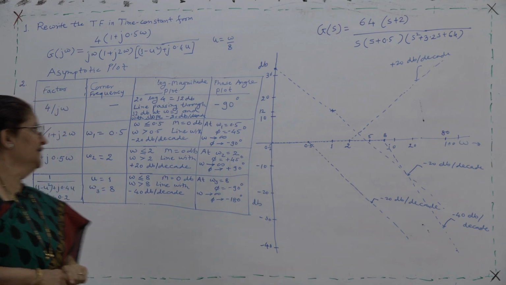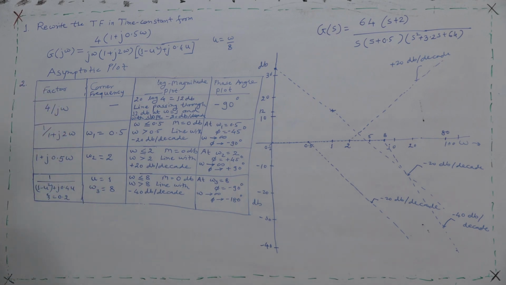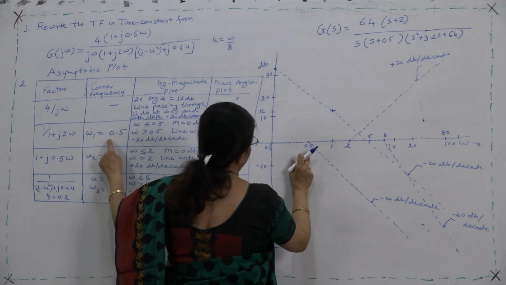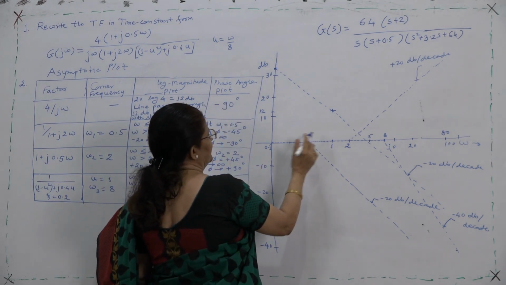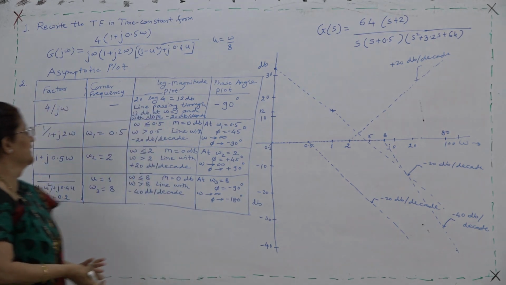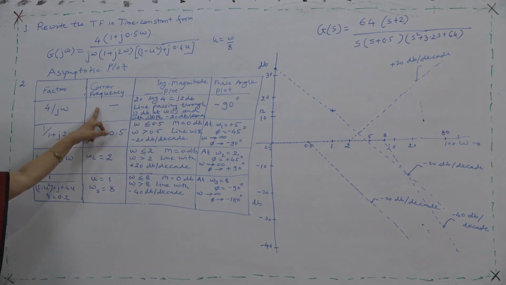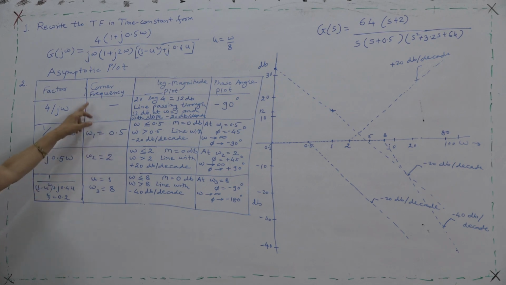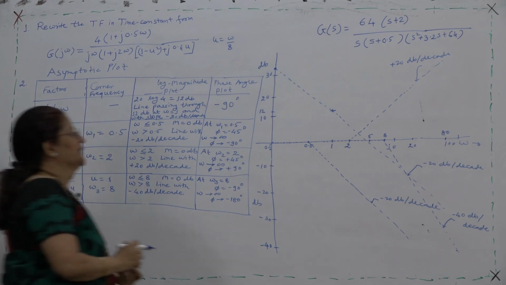Now, we will try to combine all this. Okay. So, how will you do this combination? Say first corner frequency is your 0.5. So, till 0.5 which factor is contributing? Only this. Till 0.5 contribution is only because of 4 upon j omega.